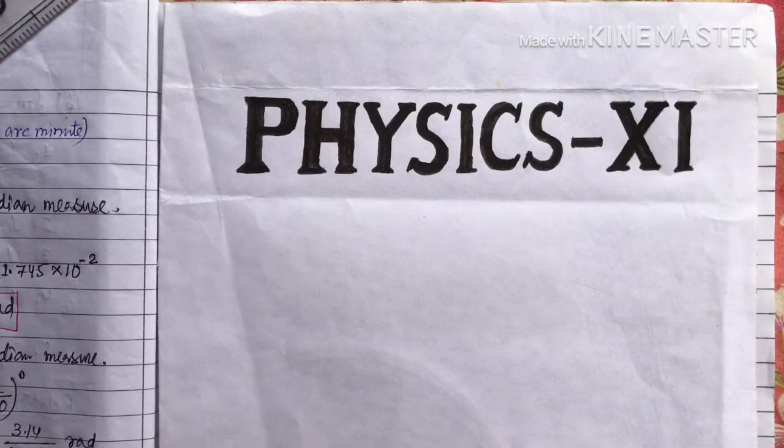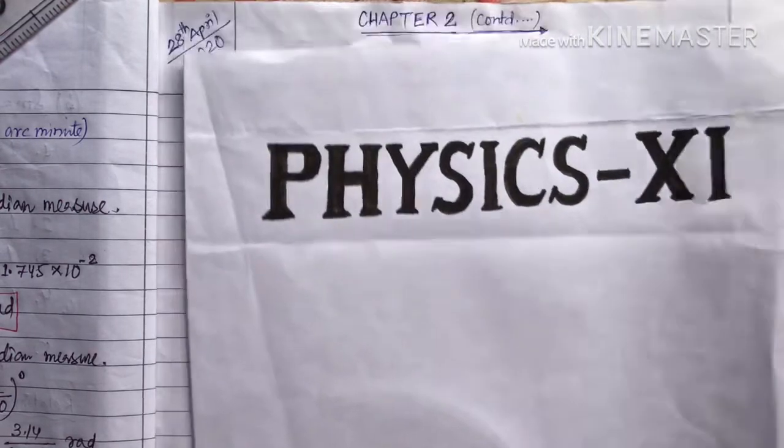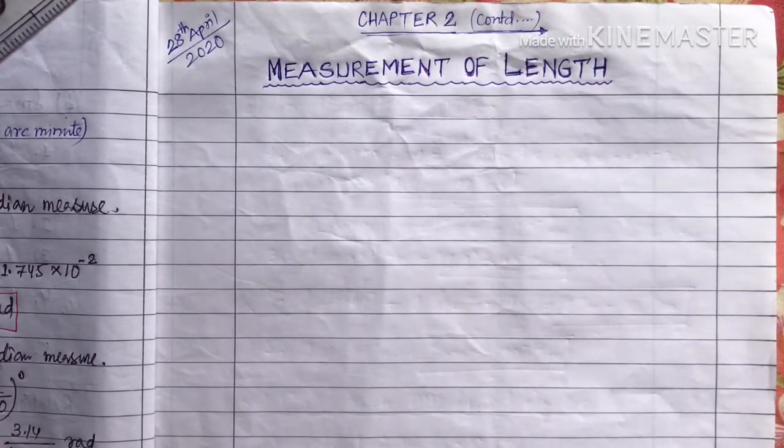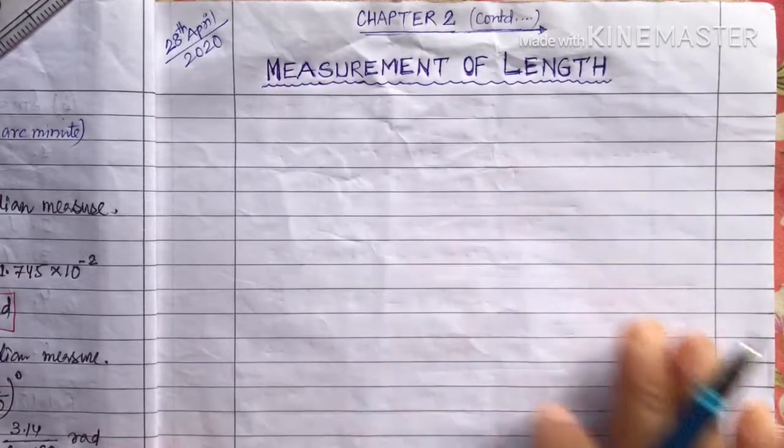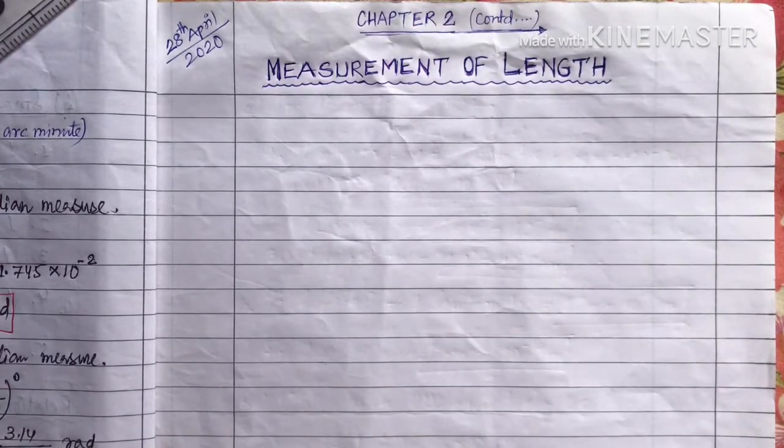Okay, so today here we shall learn about measurement of length and methods of measuring length. Okay, so let's go for this. I already wrote measurement of length here. So see, when we talk about length measurement and the methods of measuring length, basically we get two types of methods.